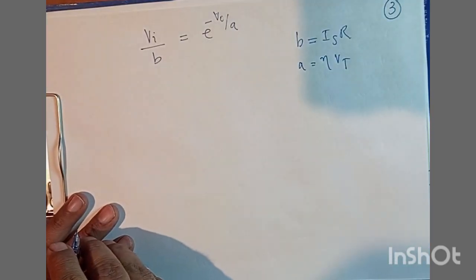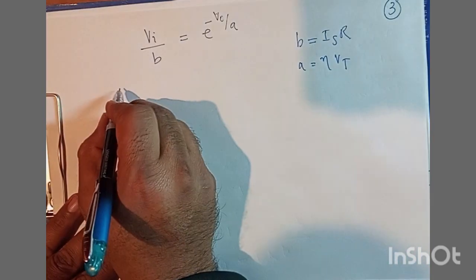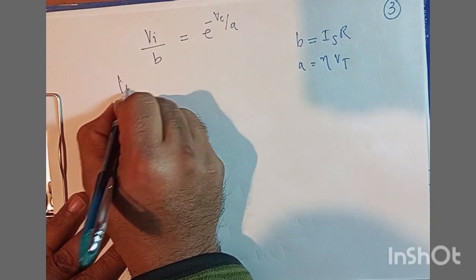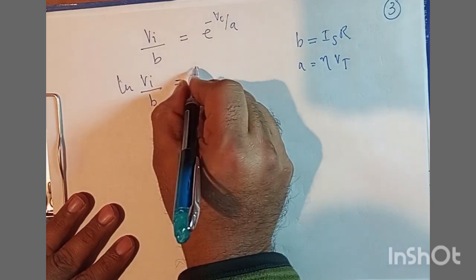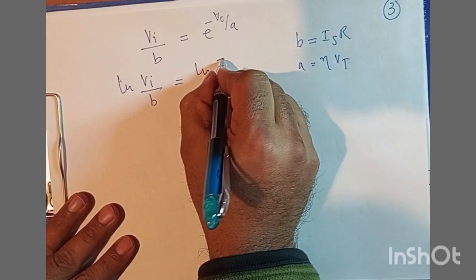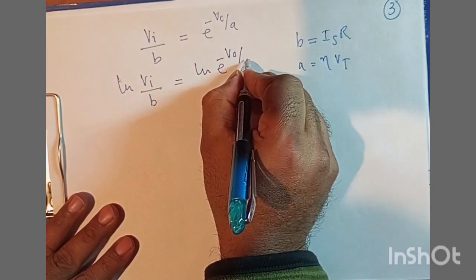So if this is the case, if I make use of log on both sides, ln of Vi by B equals ln of e to the power of minus V out by A.